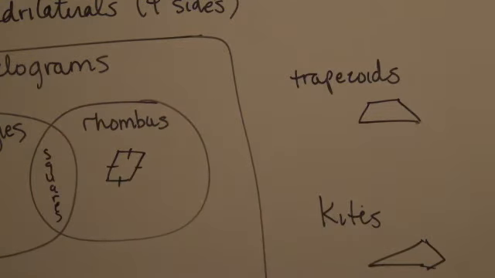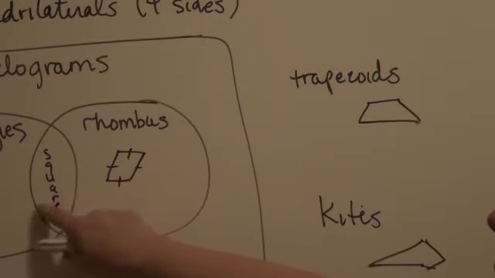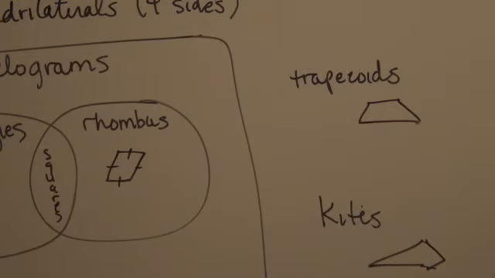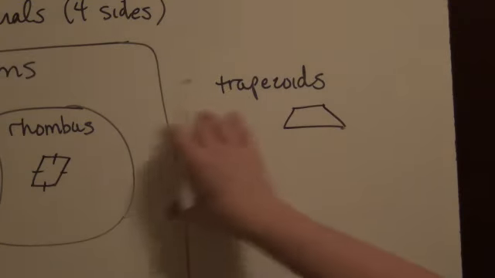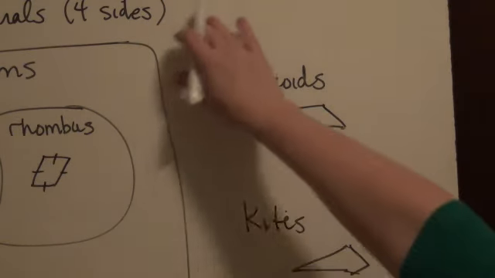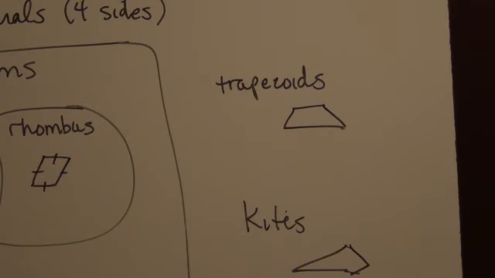Now, as a subsection of parallelograms, I have rectangles, I have a rhombus, and in between is squares because it shares attributes of both a rectangle and a rhombus. But outside, trapezoids and kites are not in the same because they're not parallelograms, but they are quadrilaterals. So I want you to think about those relationships because you will have to provide for me a graphic organizer with the relationships when you take your test. Okay.